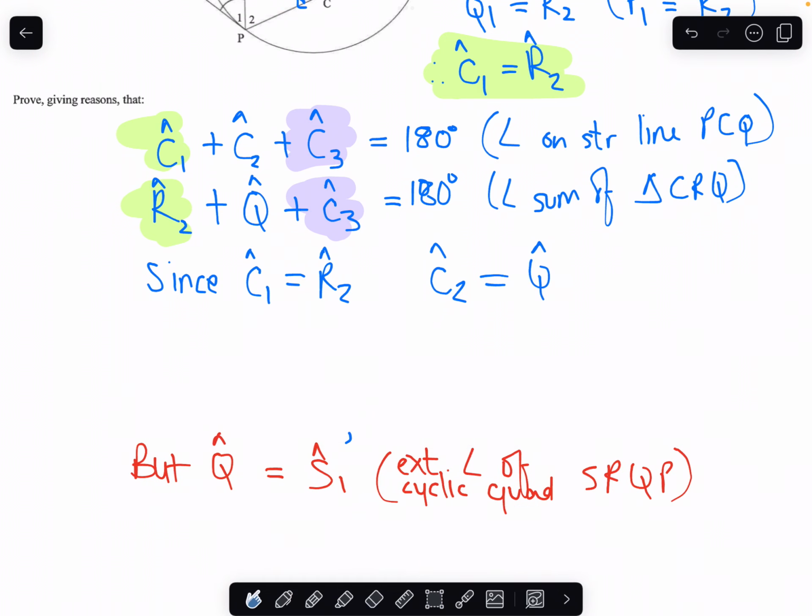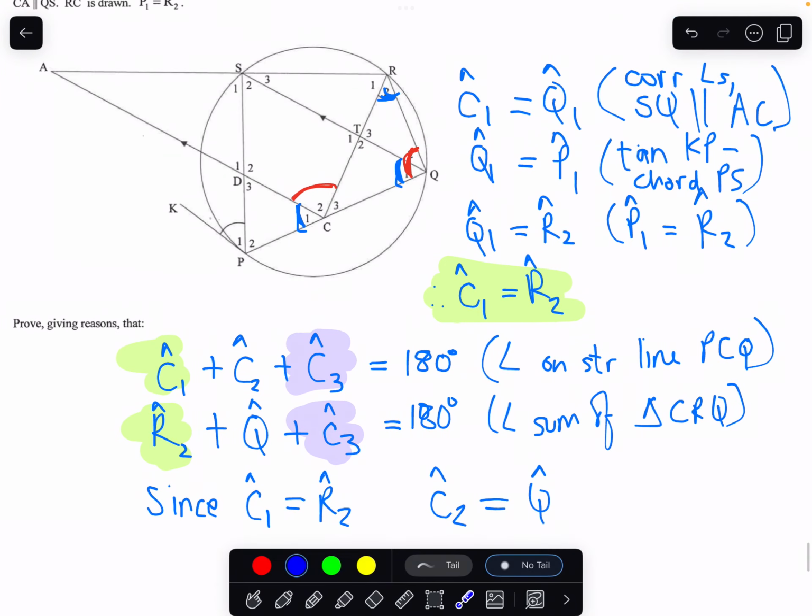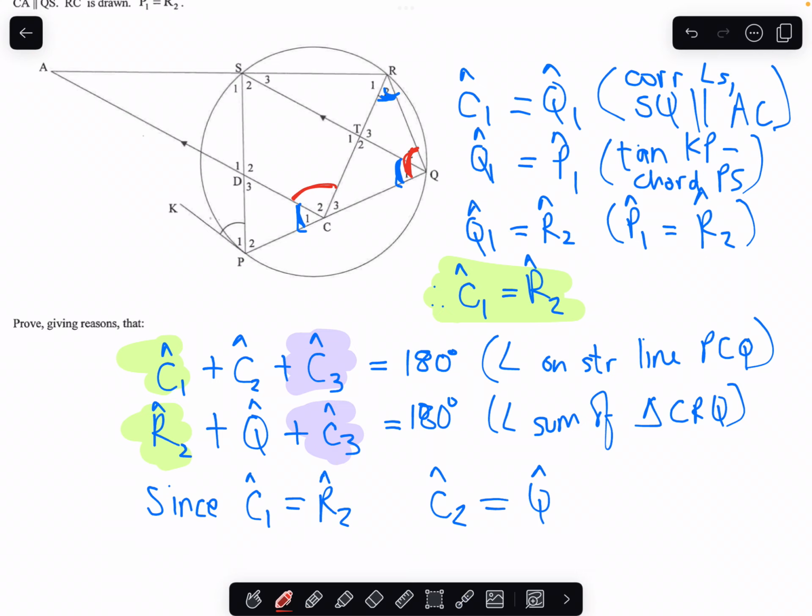Okay, so far we have C2 is equal to Q, C2 is also equal to T2, because of alternate angles on the parallel lines QS and AC.